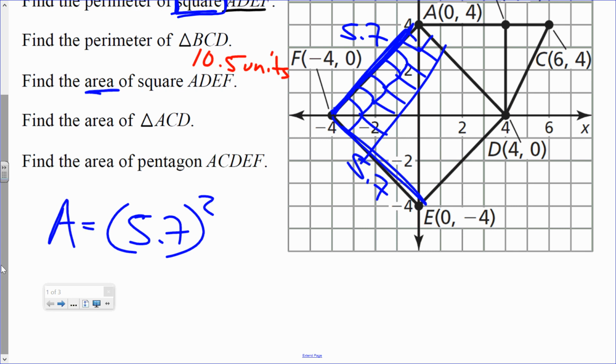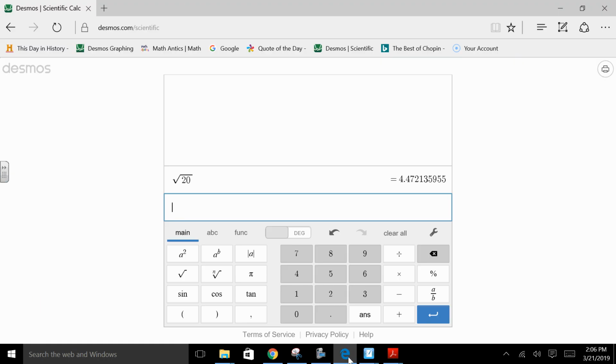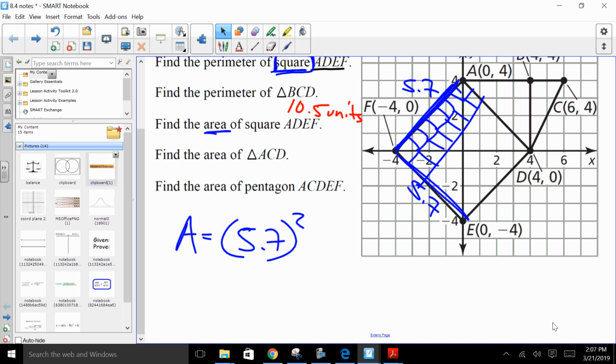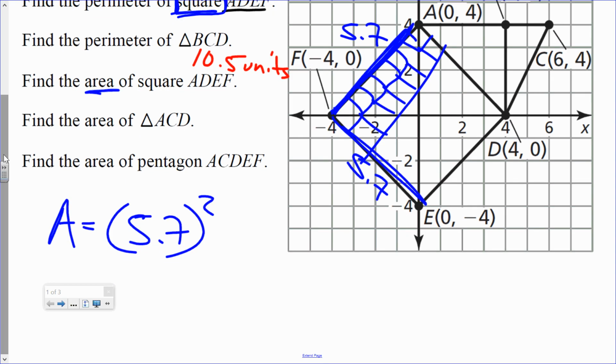Let me get my calculator. 5.7 times 5.7, I can square it just like that. 32.49. So the area, the third mission, A equals 32.49.